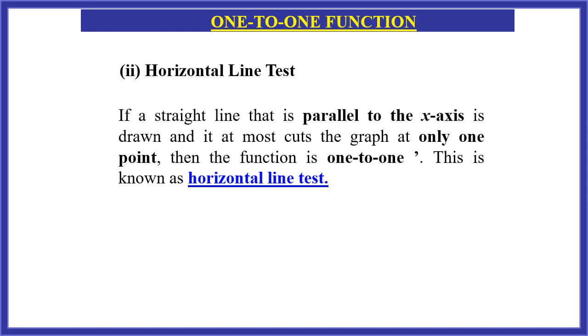The horizontal line test is the graphical method to show that it's a 1-to-1 function. Okay, if a straight line that is parallel to the x-axis, so it's a horizontal line, is drawn and it cuts the graph at most at only one point, then the function is 1-to-1. This is known as the horizontal line test.